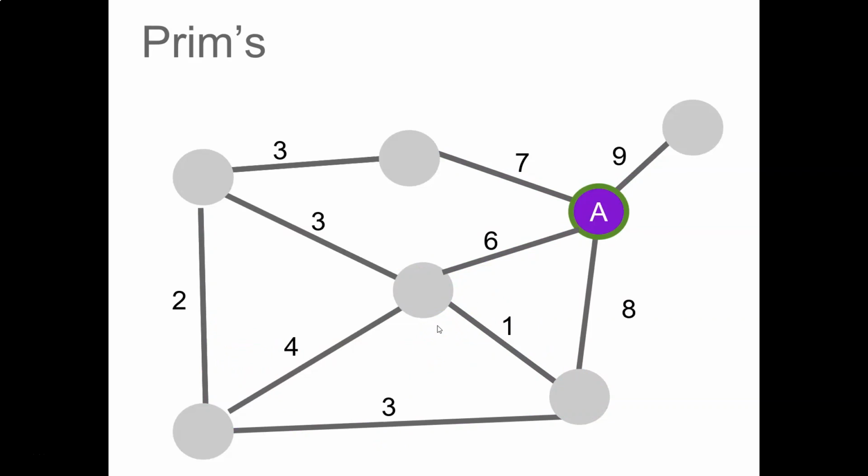Whereas if you are asked about Prim's, you need to specify which node you have chosen as a starting node, and then show the solution by coloring. You remember we have colored and uncolored nodes and edges, so you need to color the path that shows the minimum spanning tree.